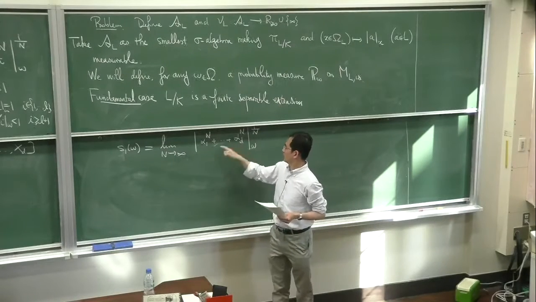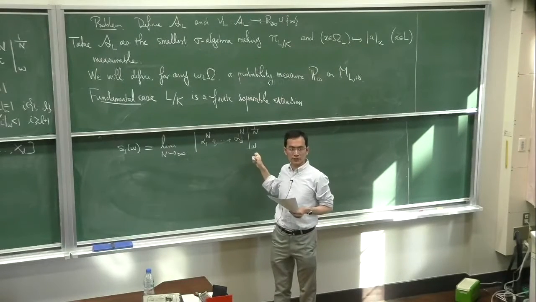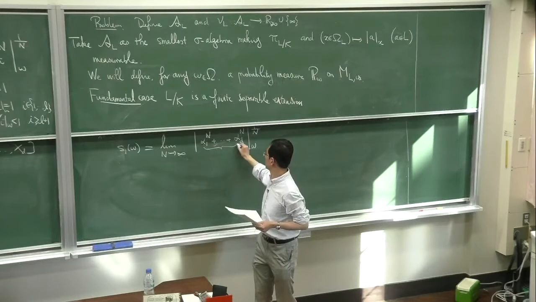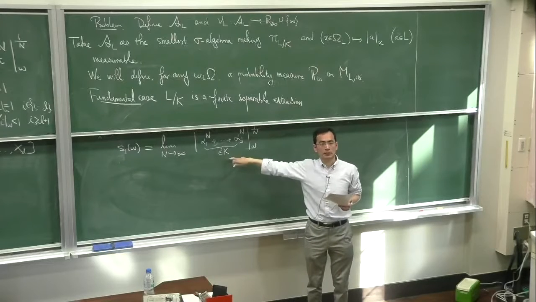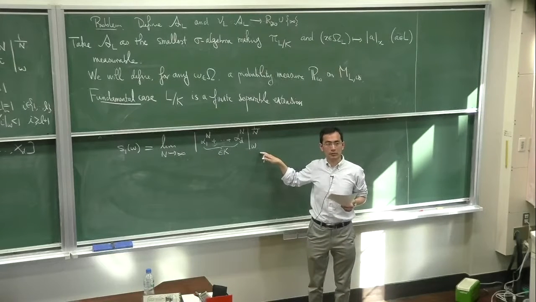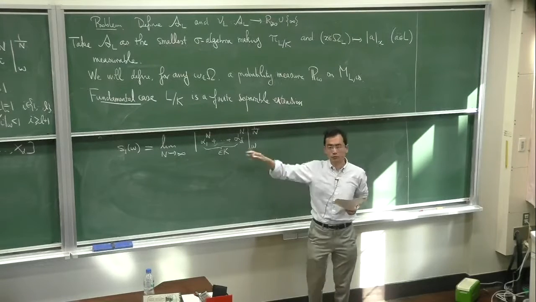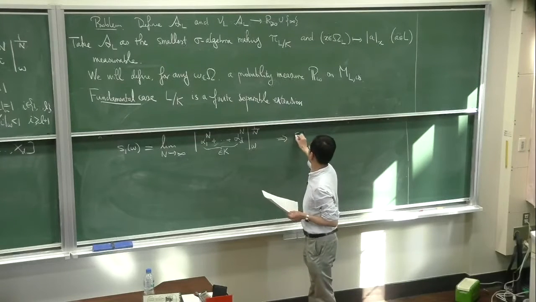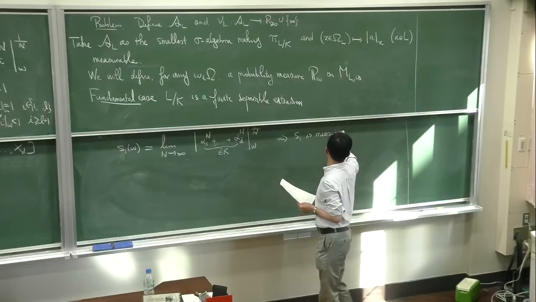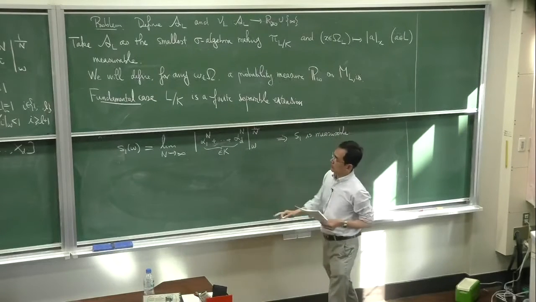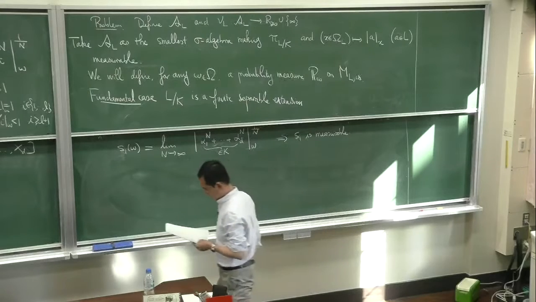And for all n, this function, considered as a function of omega, is measurable because you have some element in k. If you have some element in k, by definition this is a measurable function. And then you have a limit of measurable functions, which shows that S_1 is measurable, if you apply the lemma.